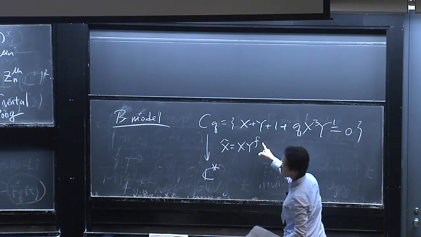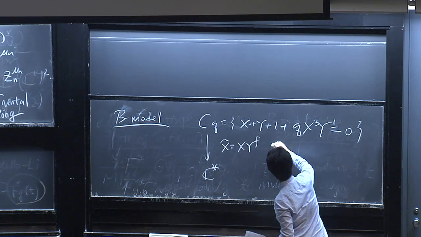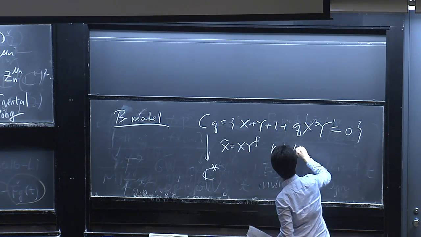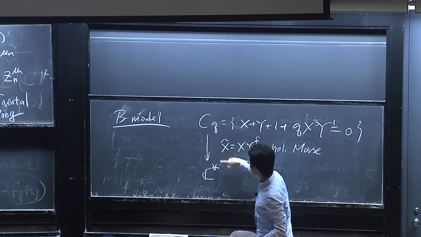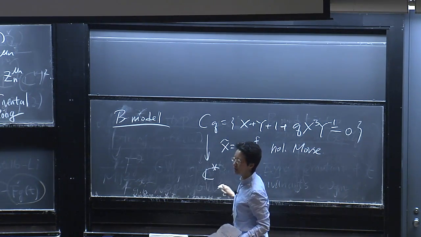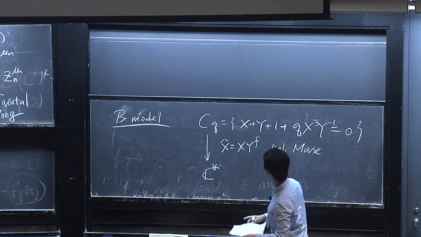So we choose a generic f such that this is holomorphic Morse, meaning that this is a ramified cover such that all the branch points are simple.